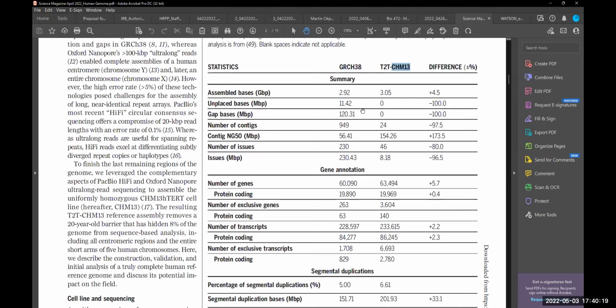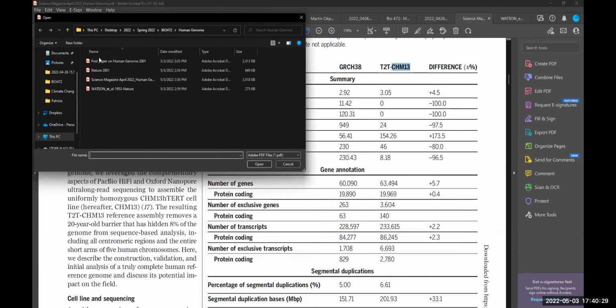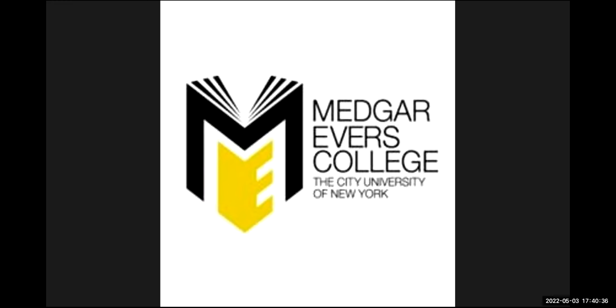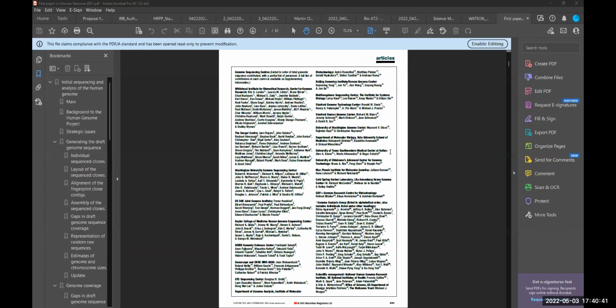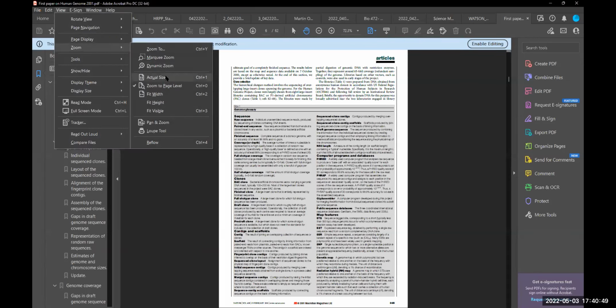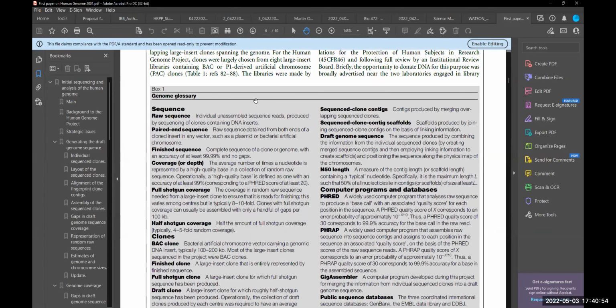But before we go into more detail, I would like to show you what was published in 2001. The reason I'm showing you is so that you become familiar with a lot of vocabulary, right? Can you see these vocabularies?